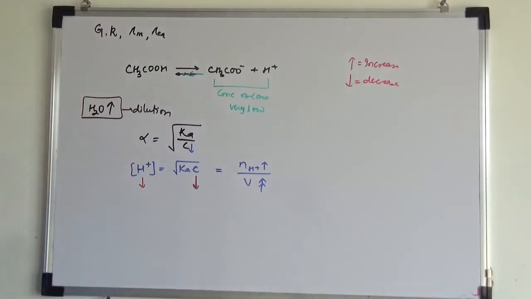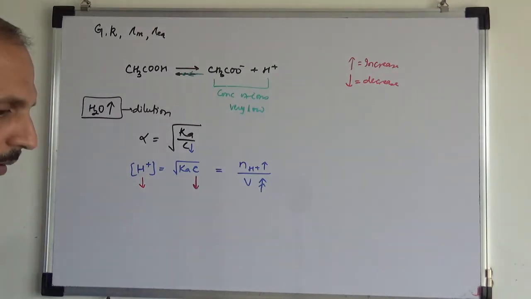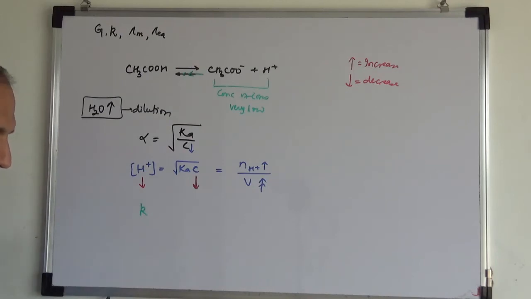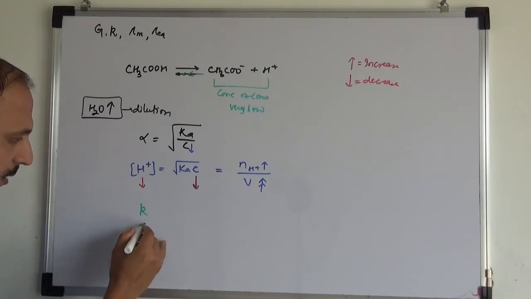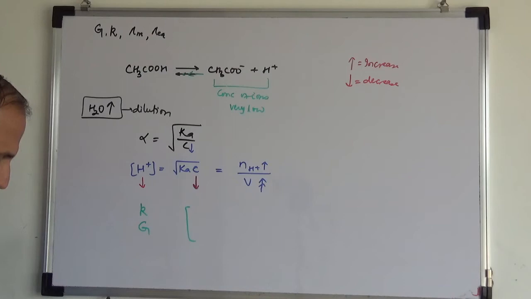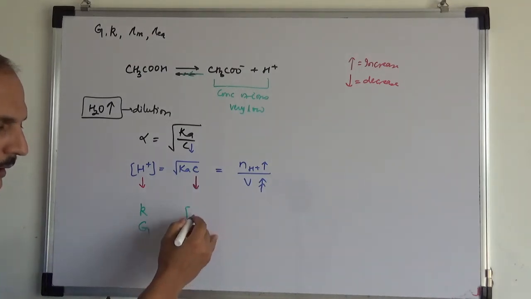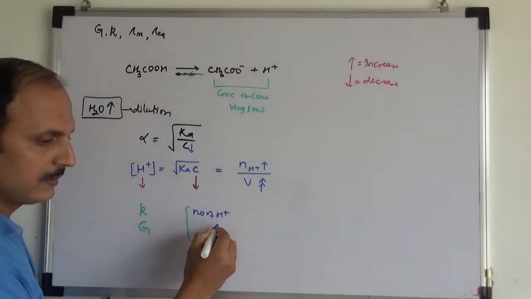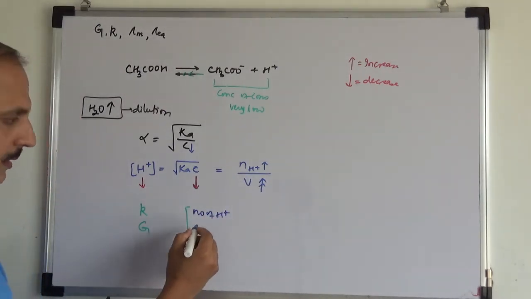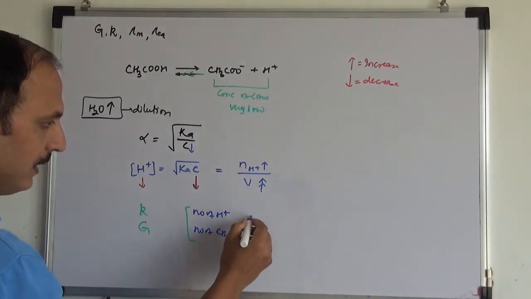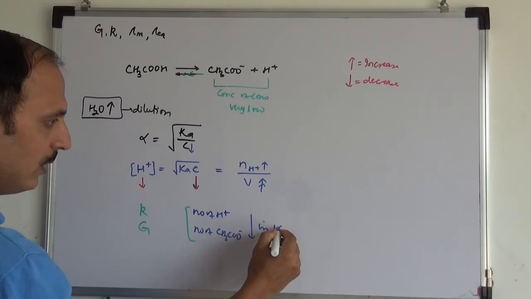Now let's see what happens to K, and G obviously. If you pay attention, the number of H plus and CH3COO minus ions is decreasing in 1 cc volume.